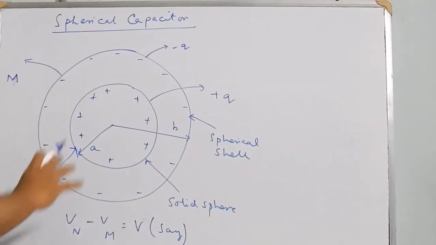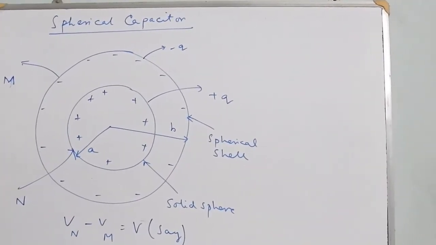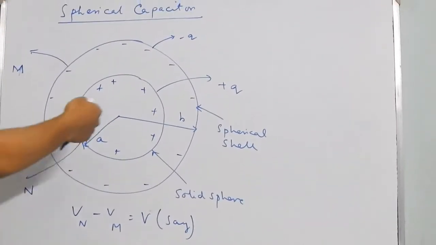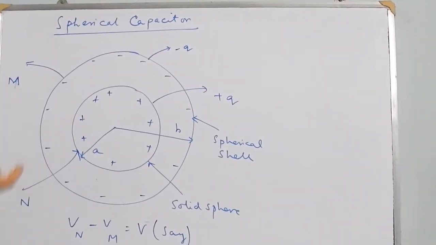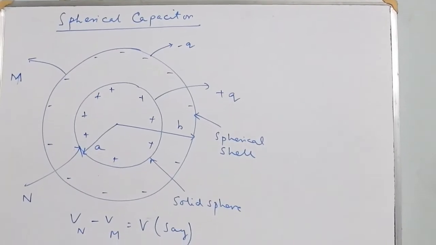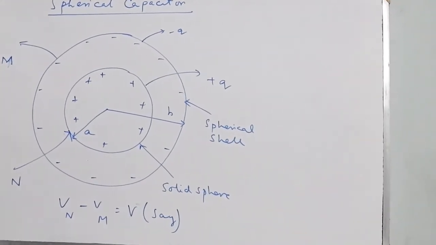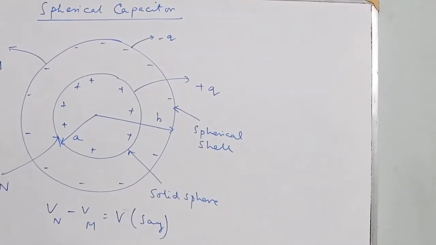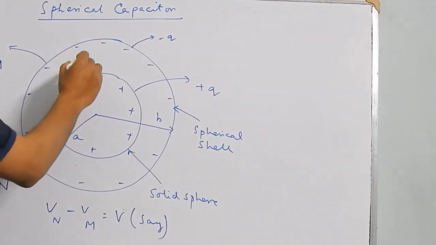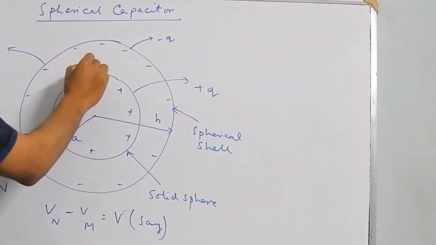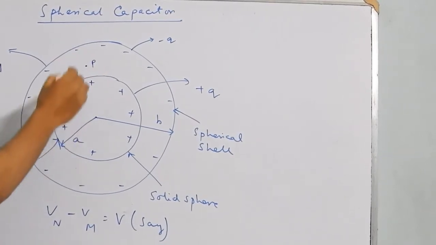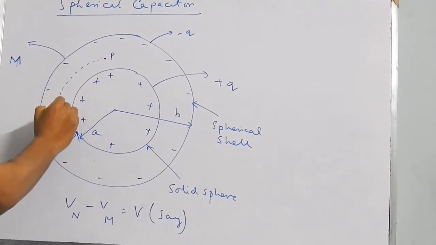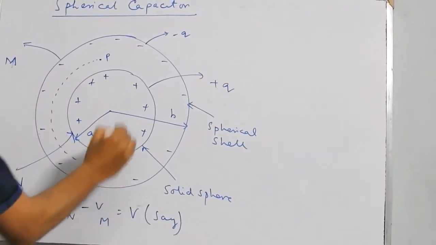Because this is a spherically symmetric charge distribution, the Gaussian surface will also be a sphere. We consider a point P, and a Gaussian surface, which is obviously a sphere, will pass through this point P.